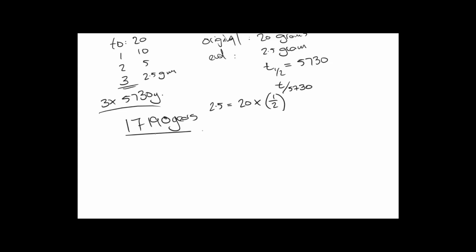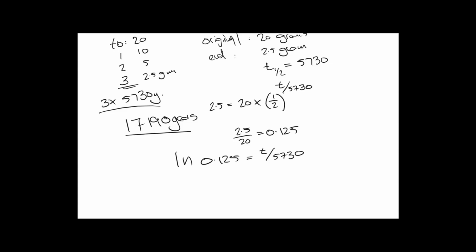Or we could use logarithms. So we could take this 20 over here. So 2.5 over 20. This should be a really nice number. 5 divided by 20 is 0.125. So 0.125 is going to be equal to, we can take the log, t over 5,730.